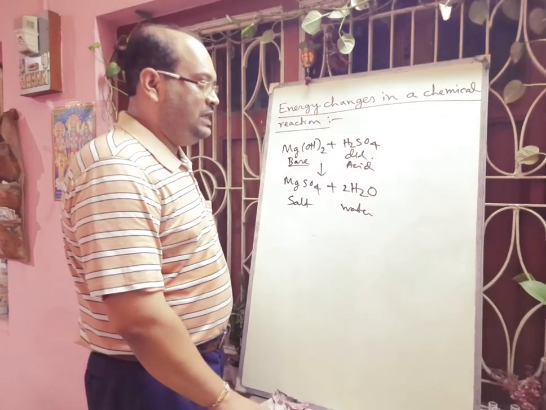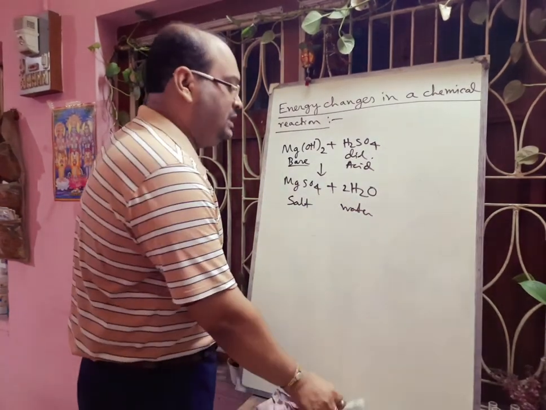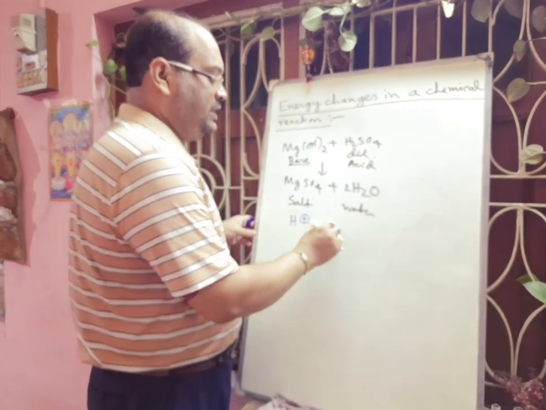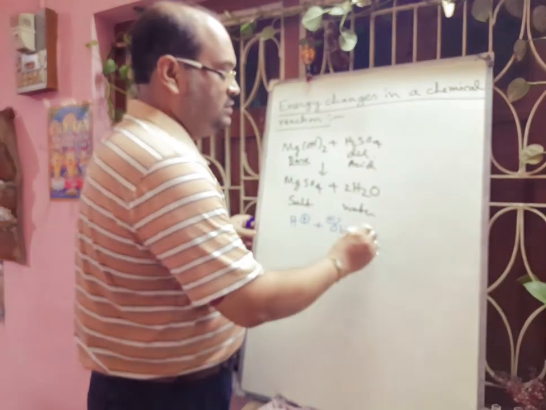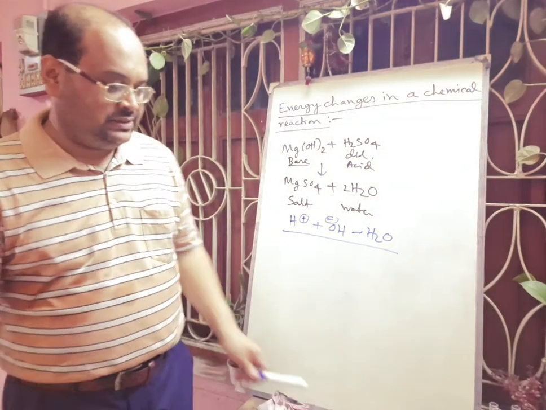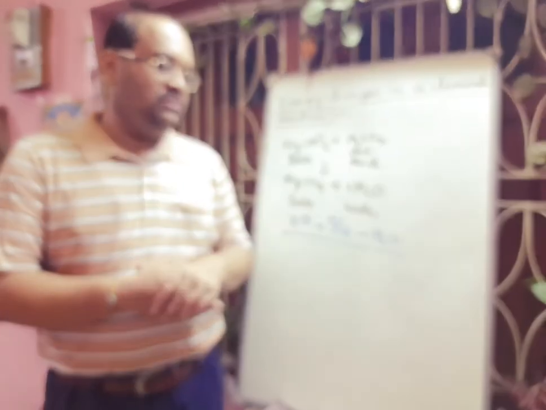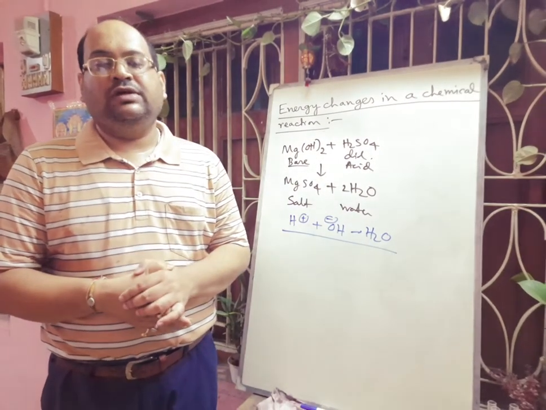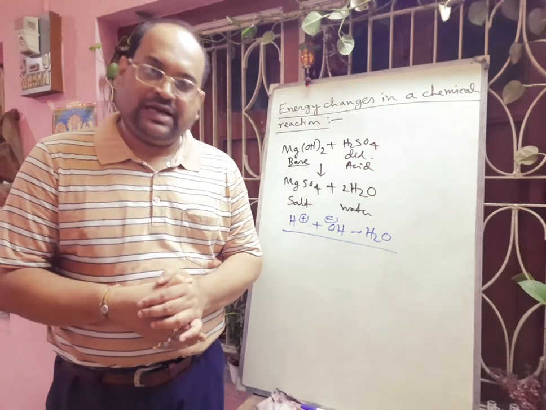Here actually the reaction happening is H plus reacting with OH minus forming water. All of you know that in neutral condition or in acid solution, the phenolphthalein remains colorless.